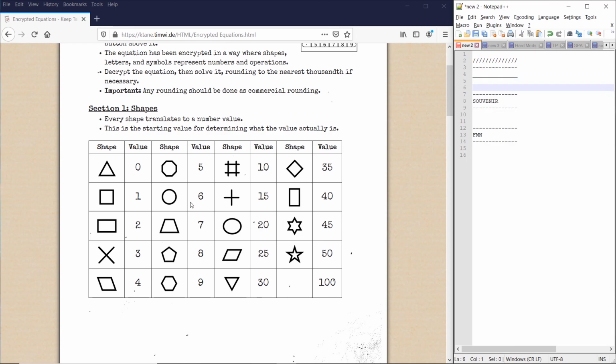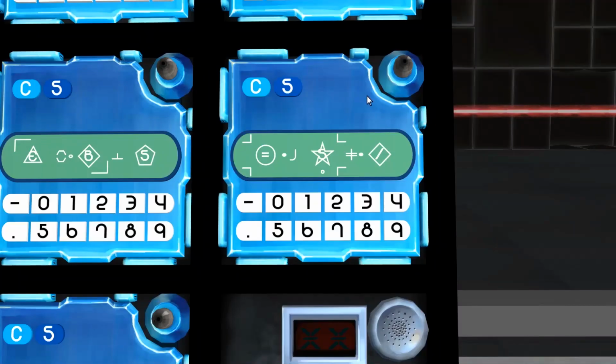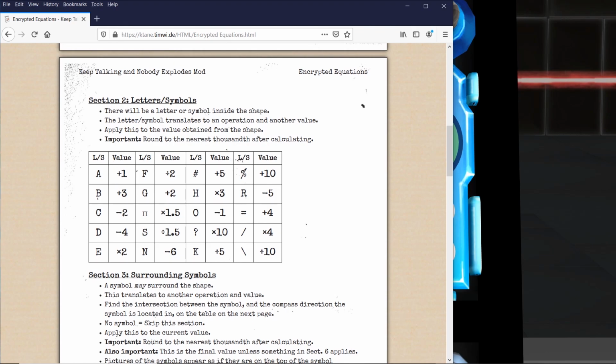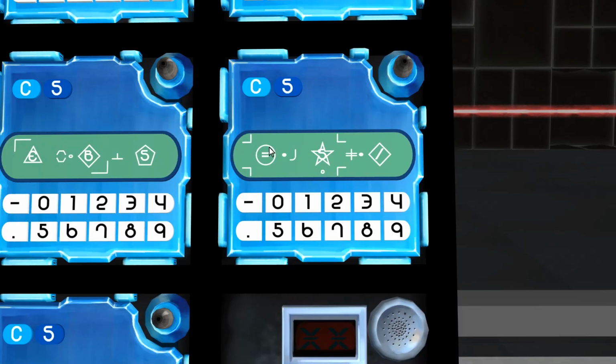So we had a circle, a star, and a diamond. Those are initially values of 6, 50, and 35. Now then, we move to the second part of the manual, basically saying the letters.